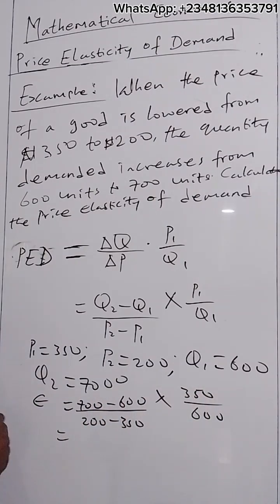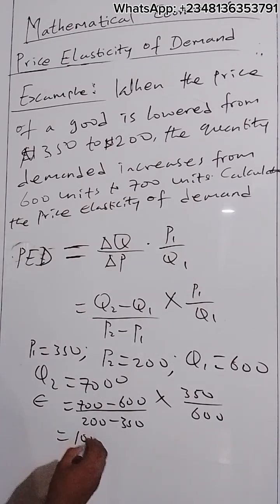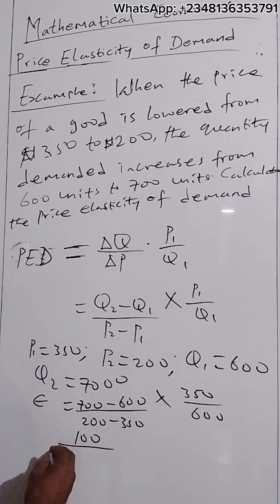So we can subtract: 700 minus 600 gives us 100, divided by 200 minus 350. So we are going to have minus 150. The minus is here, but it does not matter whether I put it here or there.